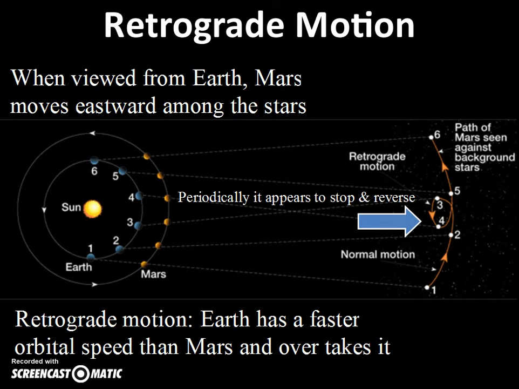Okay. So retrograde motion, Earth has a faster orbital speed than Mars, and so it quickly overtakes Mars. So it moves more quickly than Mars does.